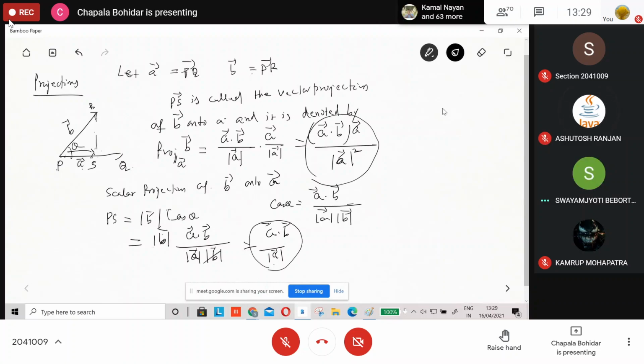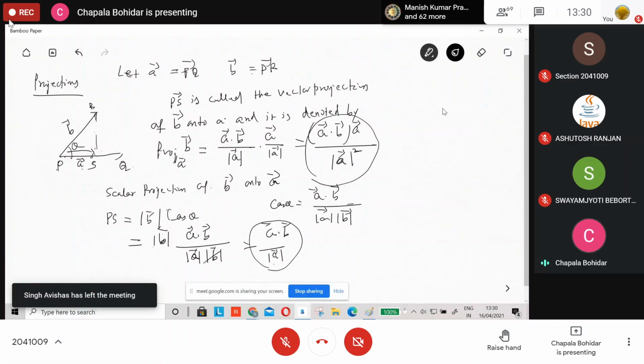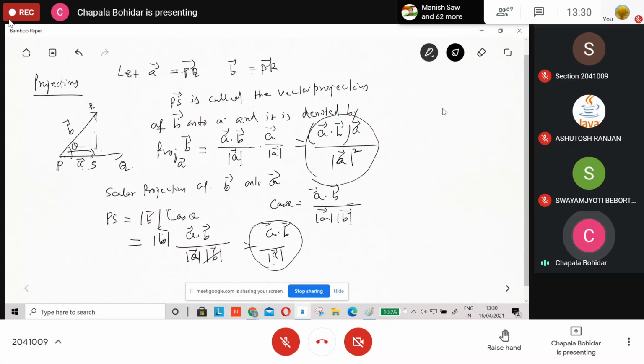So now, the application part. The work done by a constant force F in moving an object through a distance D is work done, W, equal to F dot D, force into distance.